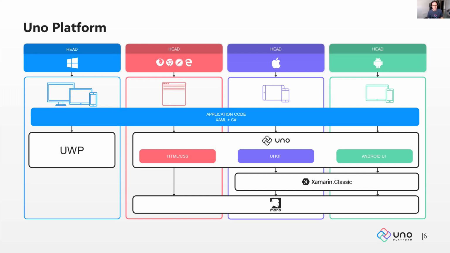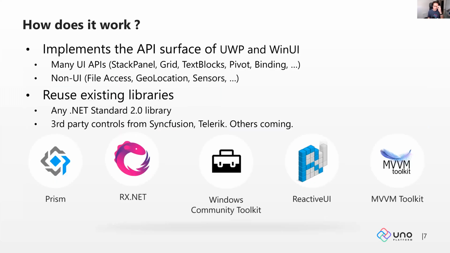And basically, how are we doing this? How does it work? What we did is we took the whole API set of WinUI plus WinRT. When we say WinRT, it's the UWP. UWP is a term that's muddied a bit. It changes over time, but in UWP, there are two sets of APIs: the WinUI part and the WinRT part.